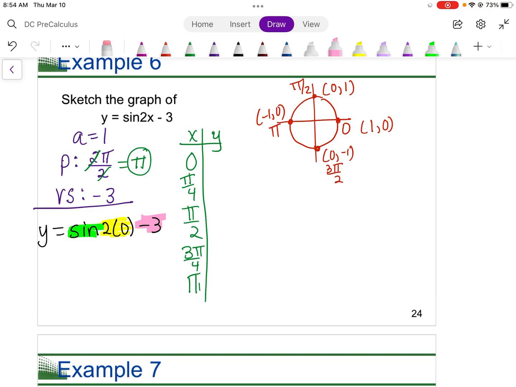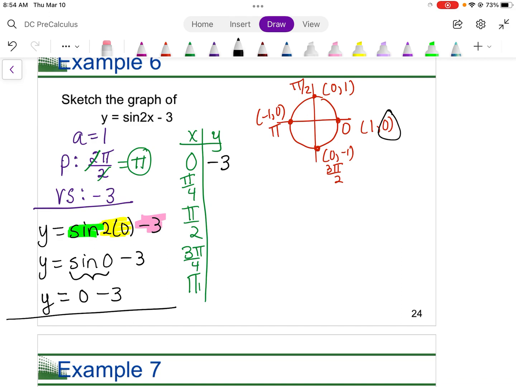So we do the yellow part first. 2 times 0 is 0. Then we find the sine of 0, which is the y at 0, which is 0, and then we subtract 3. So subtracting 3 is the last thing that you do.